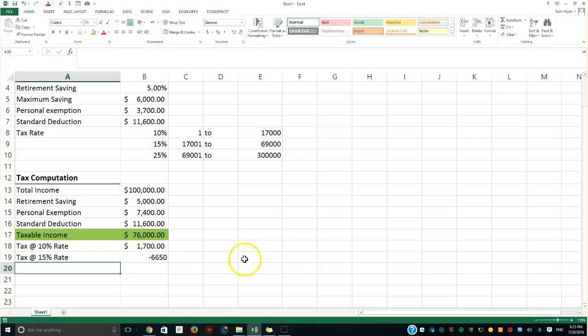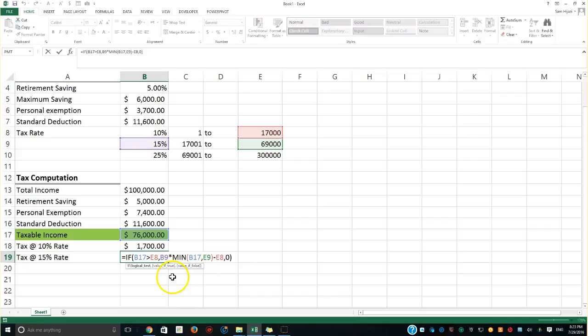And notice in this case we got a minus sign, so I want to see where that minus sign is coming from. Let me go ahead. This is the E8, and this one here, let's say minimum B17. That's basically here, and the E9 should be this one here.